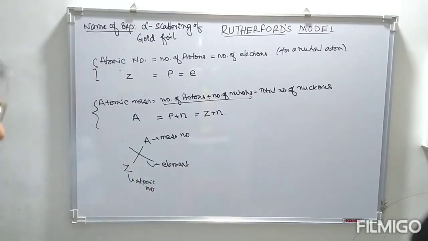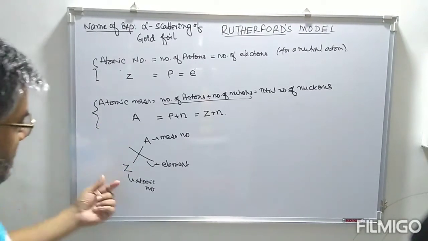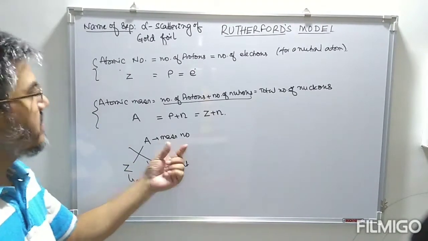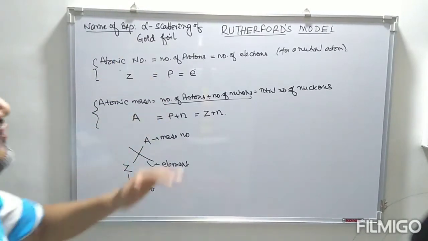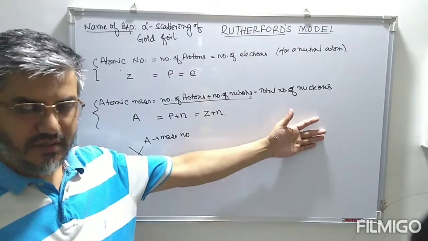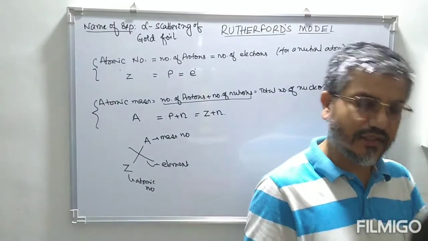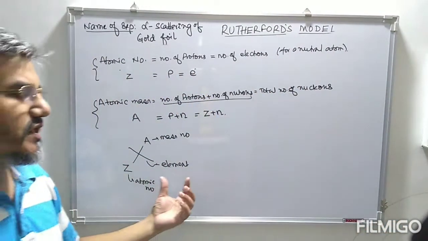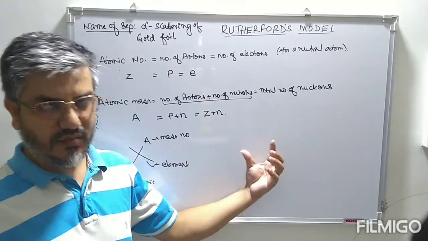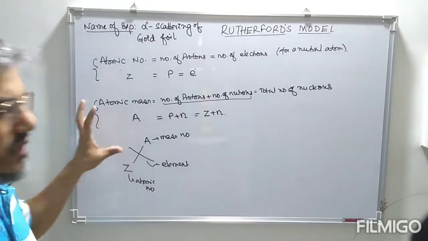So this is the representation of an element: atomic number, mass number. For charged species, if it is a cationic charge, then the number of electrons is less than the neutral atom. If this is an anionic charge, then the number of electrons is more than the neutral atom.